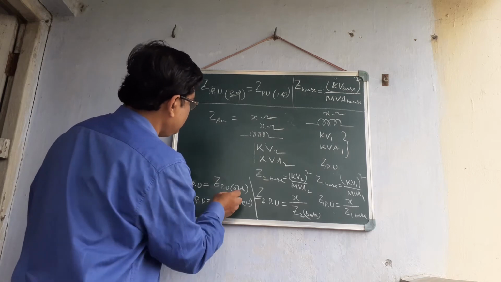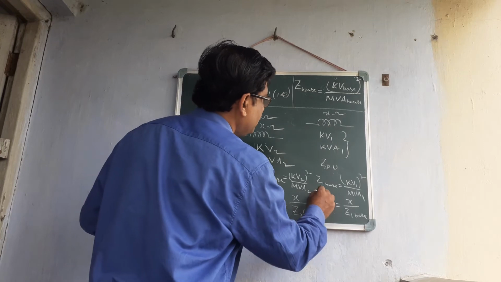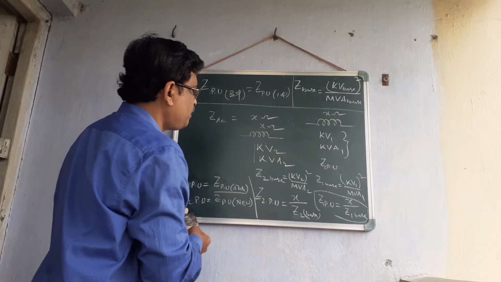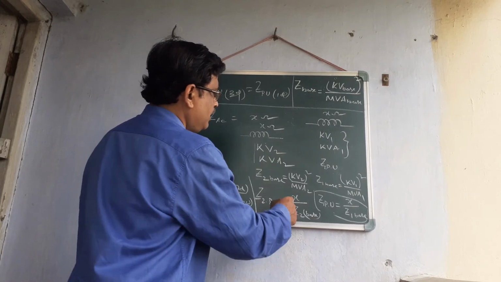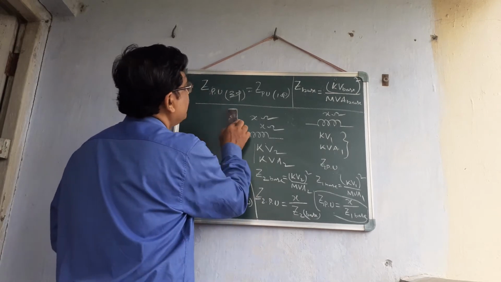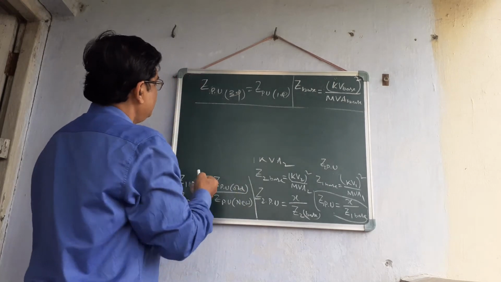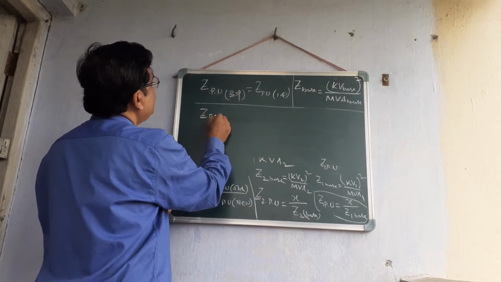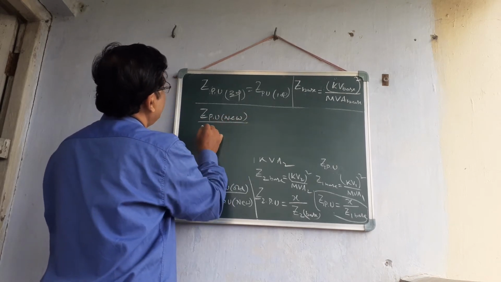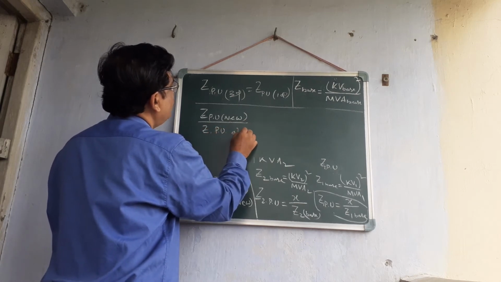Now Z per unit old, what is that? Z per unit old means this one. And Z2 per unit means x by Z2 base. So let's start like this. Now suppose Z per unit new by Z per unit old.